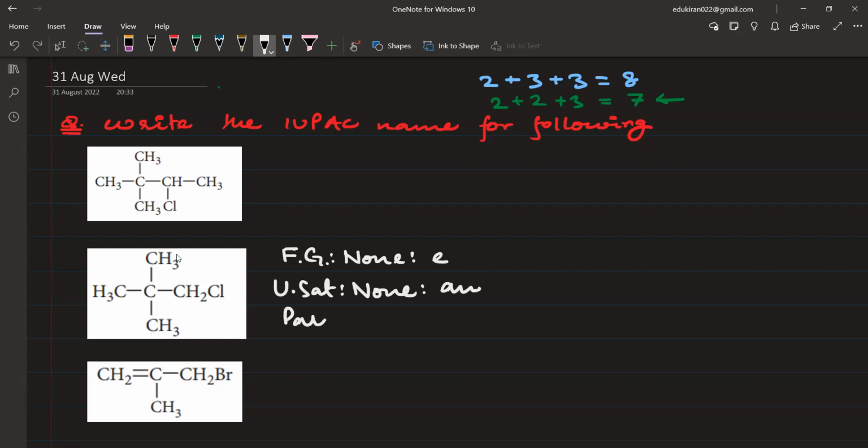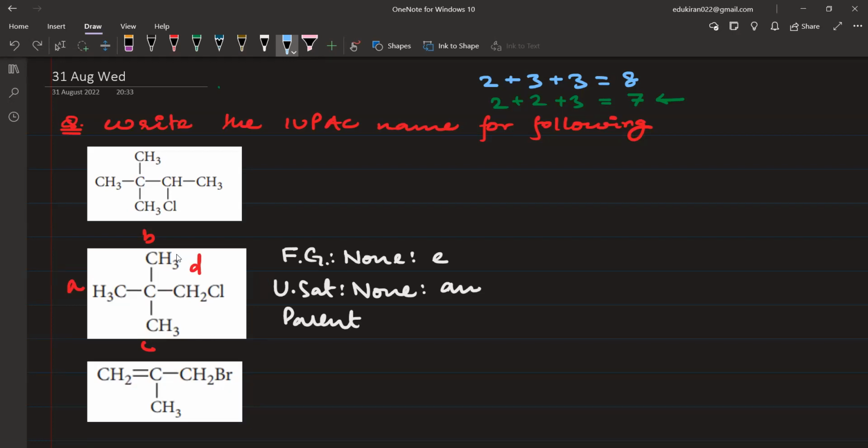Now we have the parent. Here we have A, B, C, and D. Where should I start numbering from? A, B, C, or D? When you don't have any functional group or unsaturation, start from where the nearest substituent is. Where is the nearest substituent?